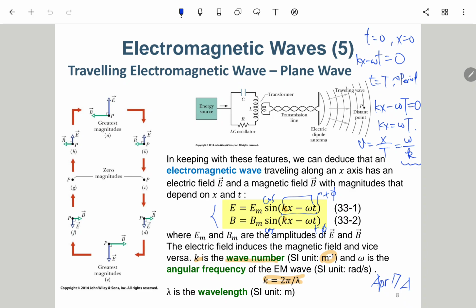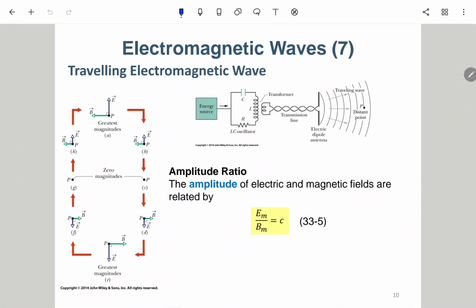In the EM wave, actually EM and BM must have a fixed ratio, and this ratio is exactly the speed of light. So this is also very important. We will also derive this one after this lecture slides.